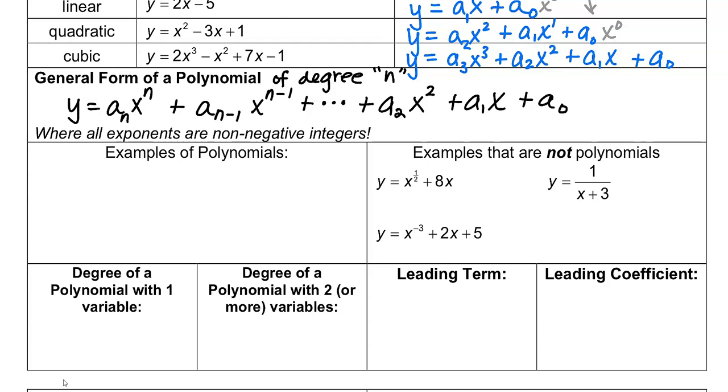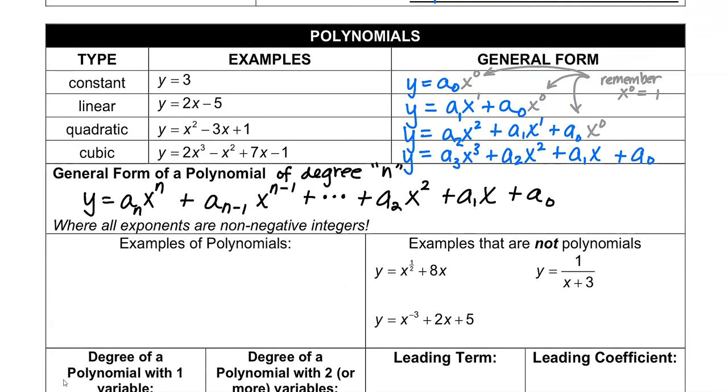Now, does that mean that we have to have more than 4 or 5 terms? Because I have a sub 2 x to the second, a sub 1 x to the first, a sub 0. And the answer is no, right?